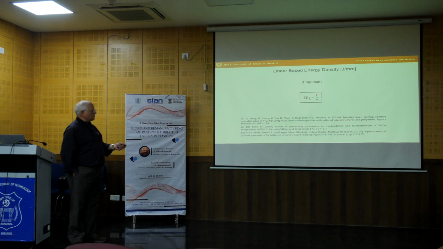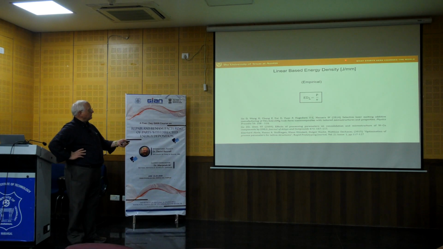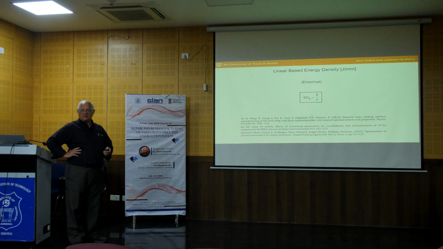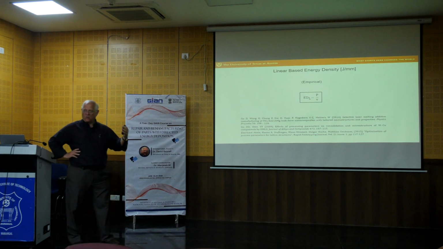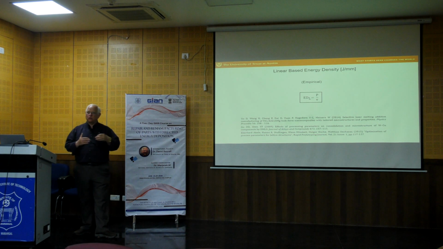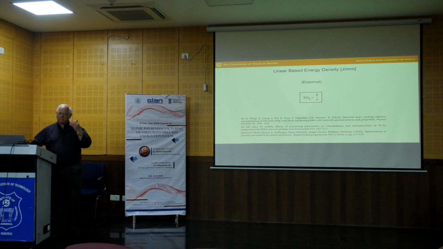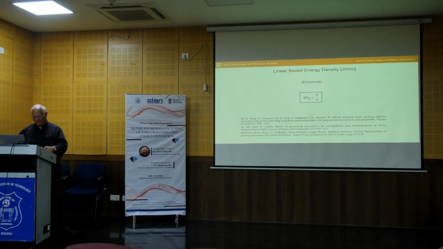They simply say, let's take the power divided by the velocity and be done with it. And what it gives you is an energy per unit length. So it's not a volume form or an area form, it's energy per unit length. So it would be so many joules per millimeter. So basically you imagine the beam runs along a line, and along that line, for every millimeter, so many joules are being deposited. So it kind of makes intuitive sense, but it's not very popular.